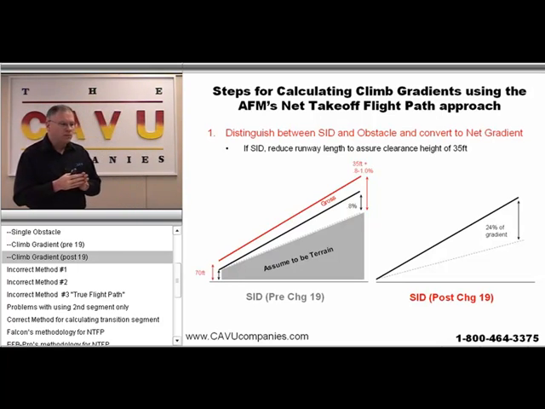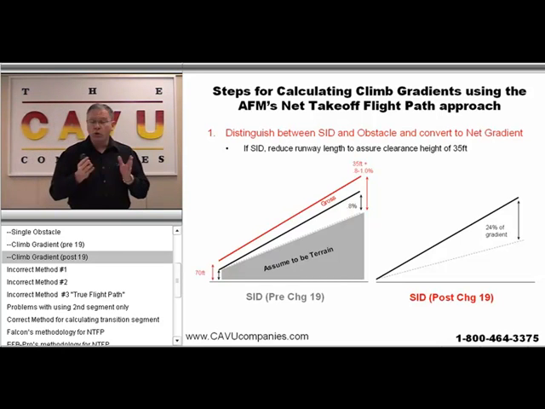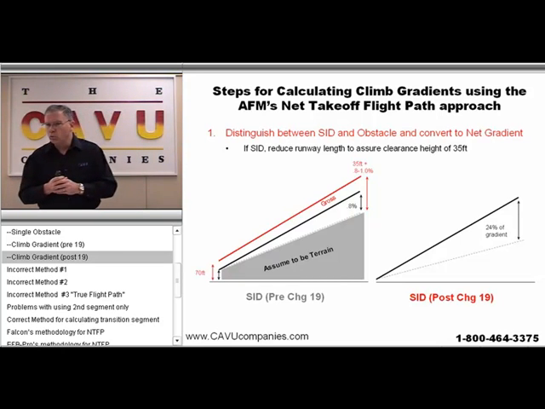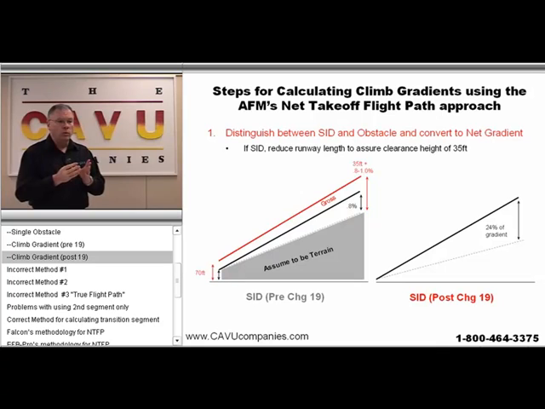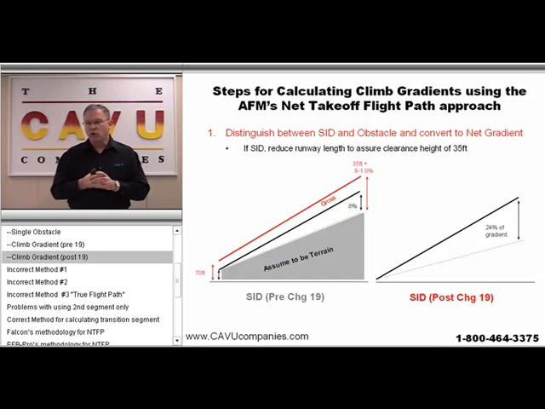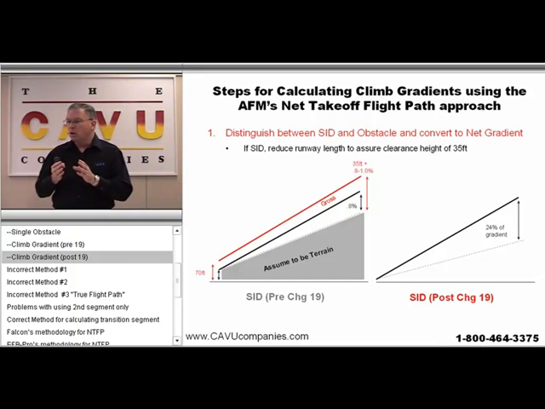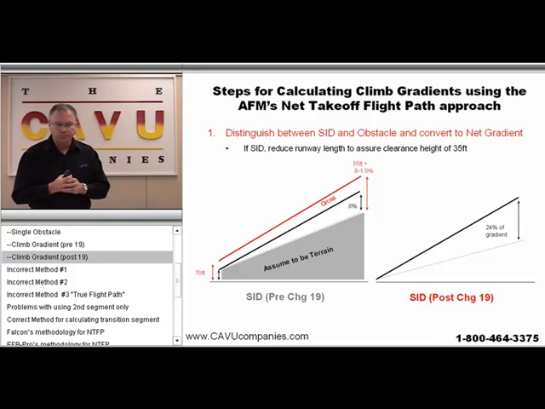One of the things that you will find is that you don't know by looking at the approach plates which criteria they use. There is no official mechanism for that. There is, however, a new requirement under post-change 19 that requires that close-in obstacles be identified.